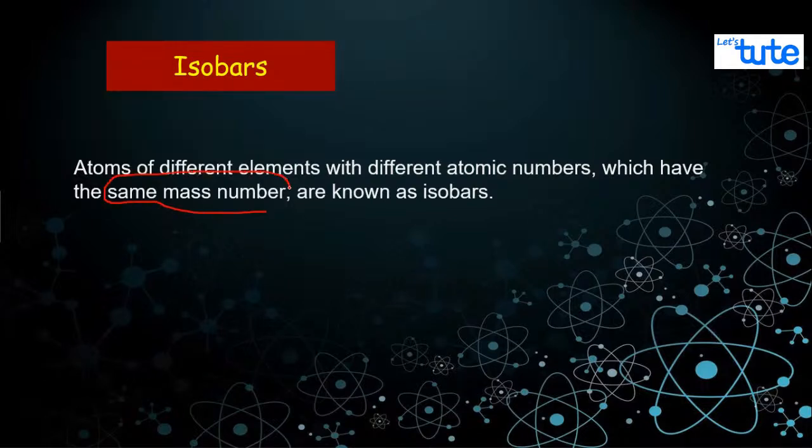They have the same mass number, but different atomic number. So you can consider isobars as the inverse of isotopes. In isotopes we have the same atomic number and different atomic mass number, but in isobars we have different atomic number and the same atomic mass number.